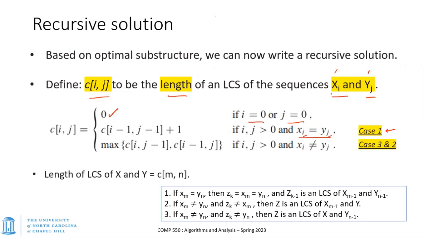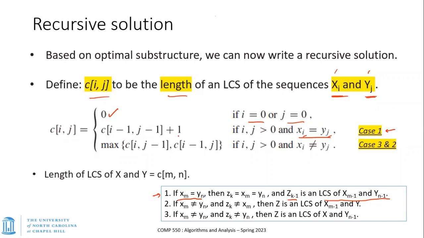We're working with a certain prefix xi and yj, and the last characters of those two prefixes are the same. If that is the case, then zk minus 1 is an LCS of the shortened versions of both x and y.